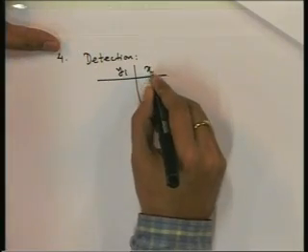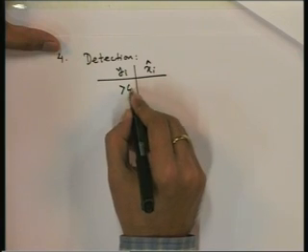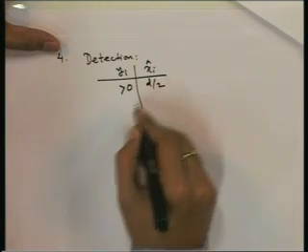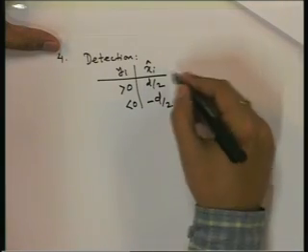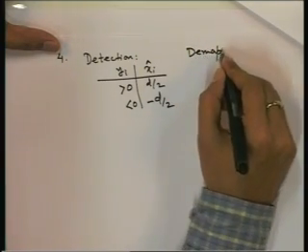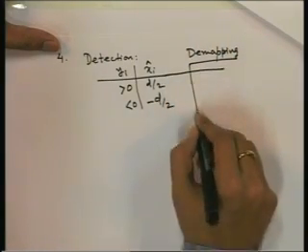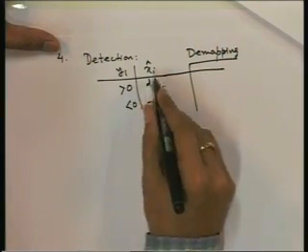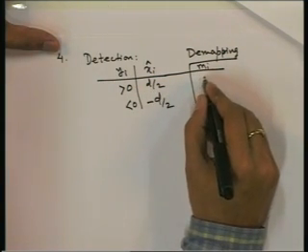So, if you have now the mapping, the detection will be, we know that for binary PAM, this is the estimate xi hat. If yi is greater than 0, take it to be d by 2. If it is less than 0, take it to be minus d by 2. And then you can subsequently do demapping. For yi greater than 0, xi hat is d by 2 and mi is 1.